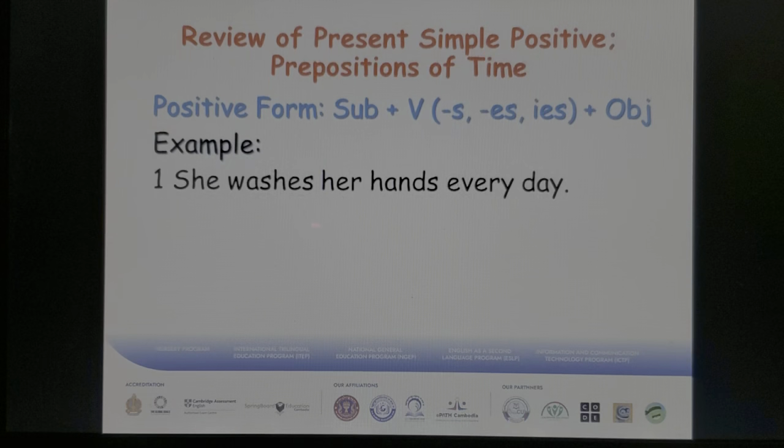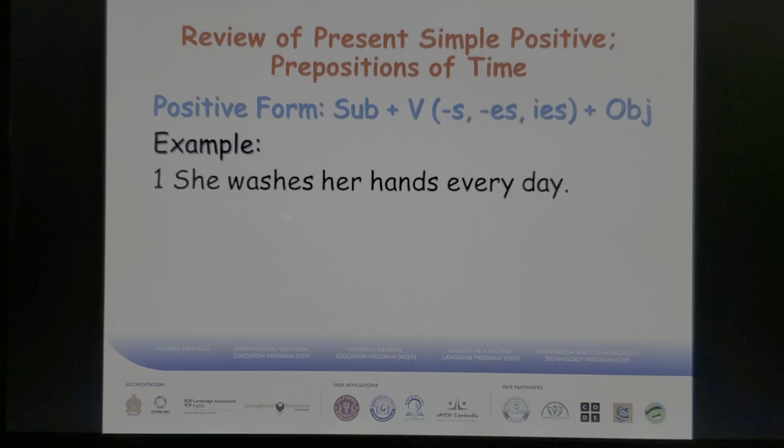So wash, here we add es because the subject is she, and this verb ends with sh. So the verbs that end with sh, ch, x, o, s, we add es, right? Still remember?